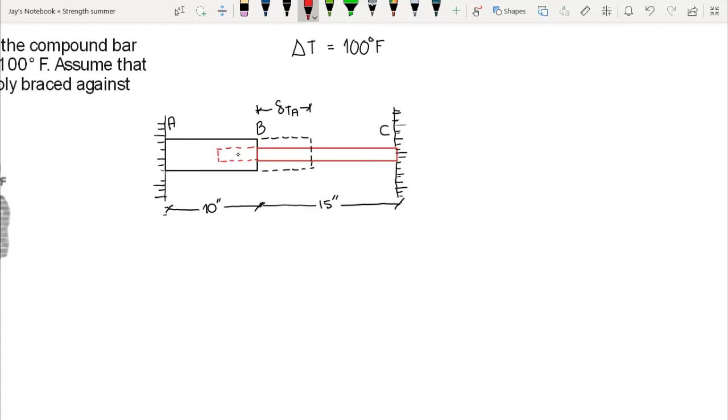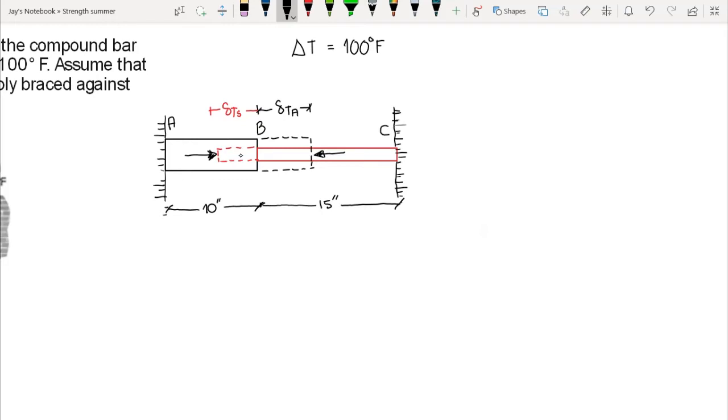Okay, and let this be the deformation of our steel bar due to the change in temperature. Now take note, since these bars are expanding and not moving at the same time, we could say that there is a resisting force P here that is acting opposite to the direction of the expansion.